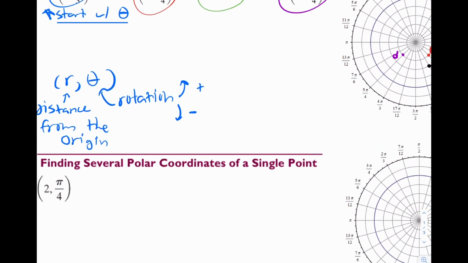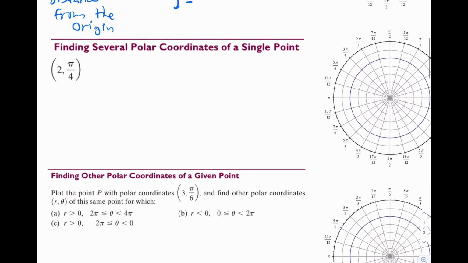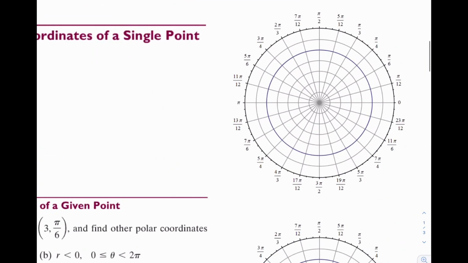Okay, now let's expand on this idea. 2, pi over 4. At this point, we should be able to locate that pretty easily. Look at pi over 4 and walk 2 units forward. 1, 2. What we're going to do is try to think of multiple ways to get to this point.